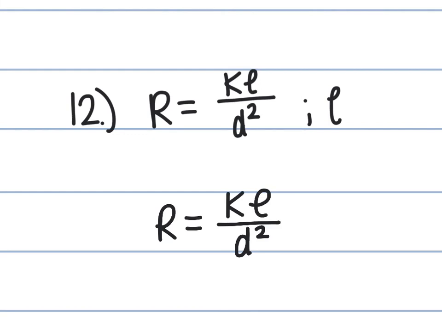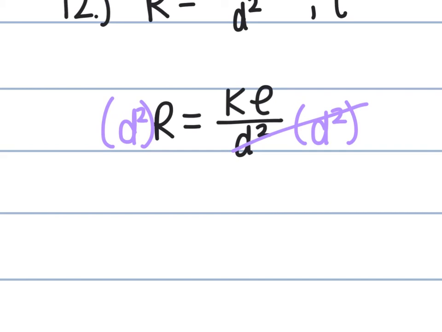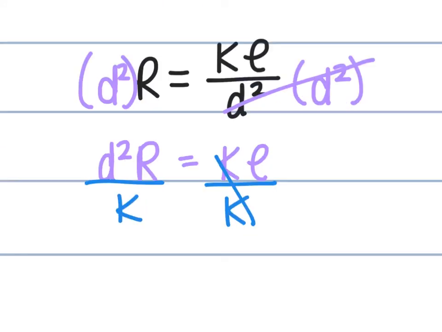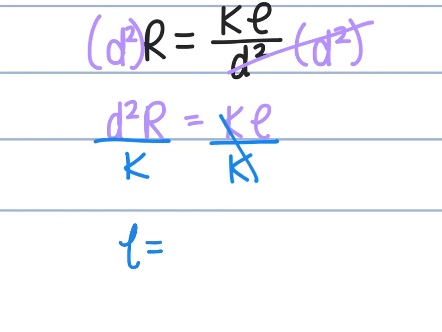So again, we're going to get that d squared over to the other side by multiplying it on each side. Cancel out on the right side, so we have d squared times r, or vice versa, is equal to k times l. So again, we're getting l by itself, so we want to divide each side by that k. So that way l is equal to d squared times r all over k.